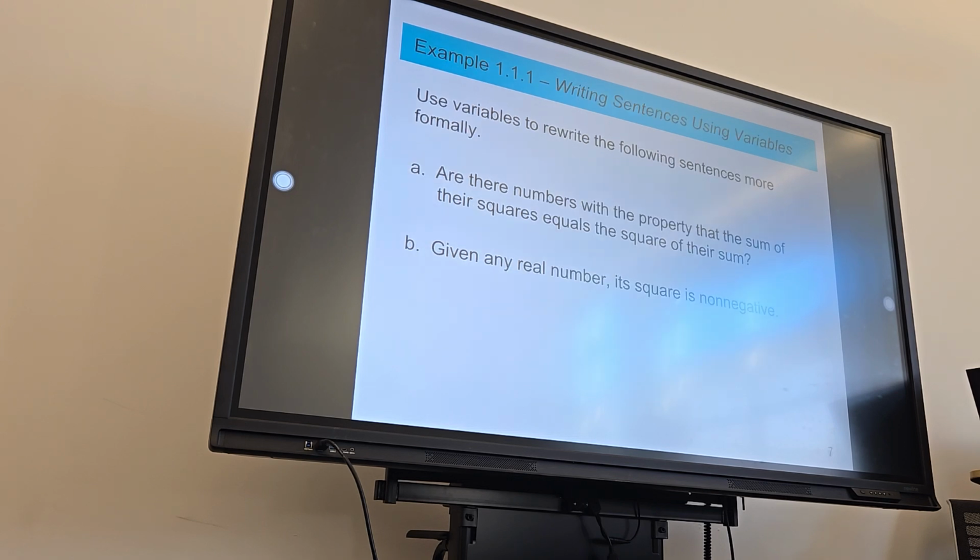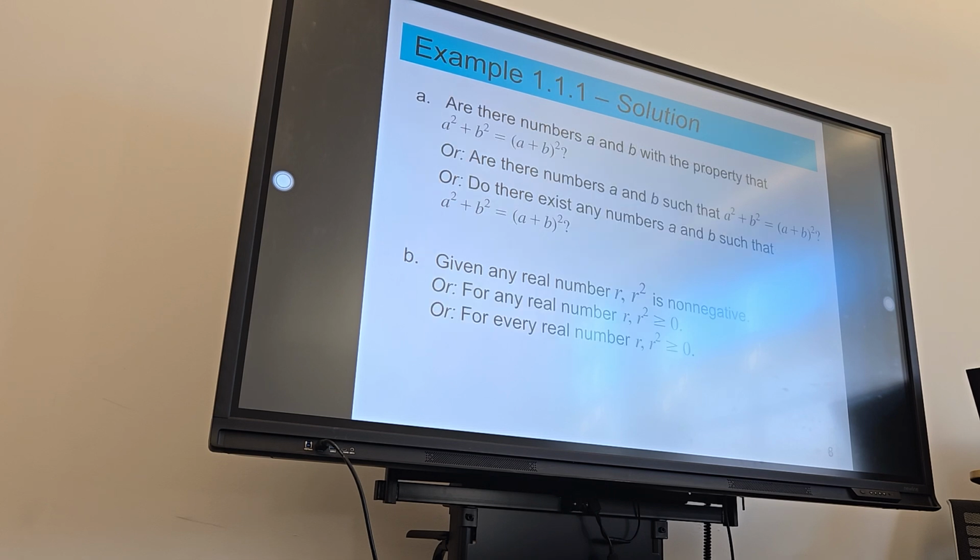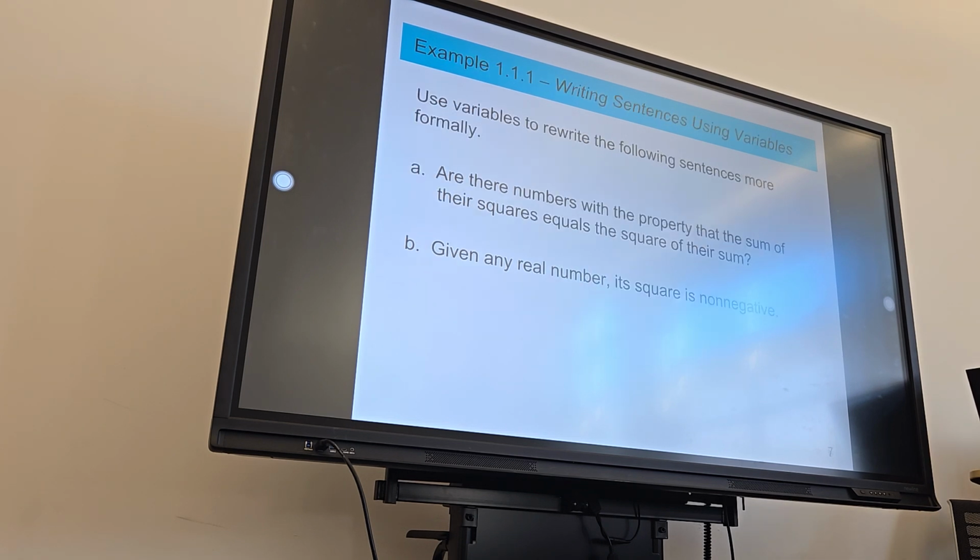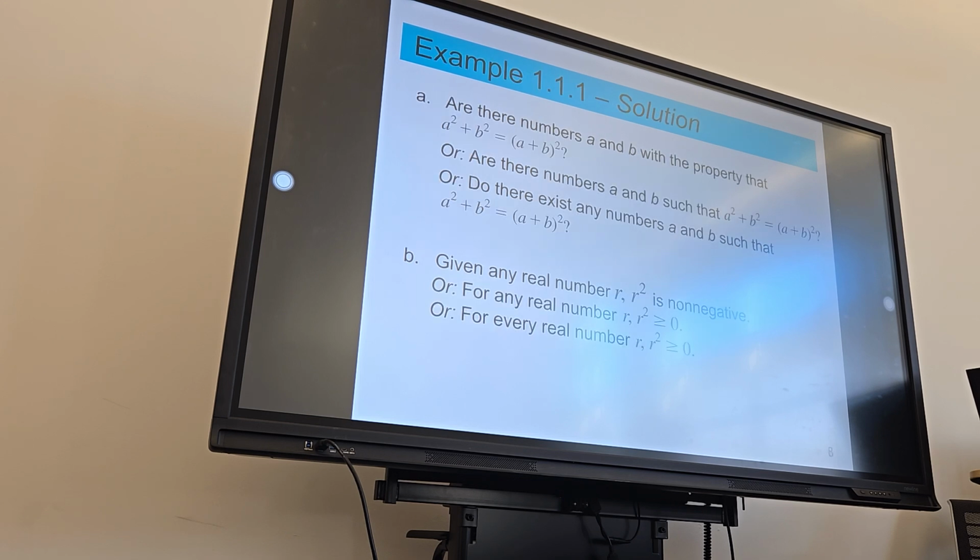So we would rewrite the first statement: are there any numbers A and B with the property that A squared plus B squared equals (A plus B) quantity squared? So you're dealing with two numbers, so you have the two variables A and B. A and B may be equal to each other, but they can be different quantities.